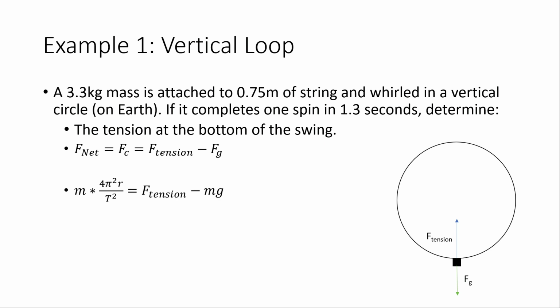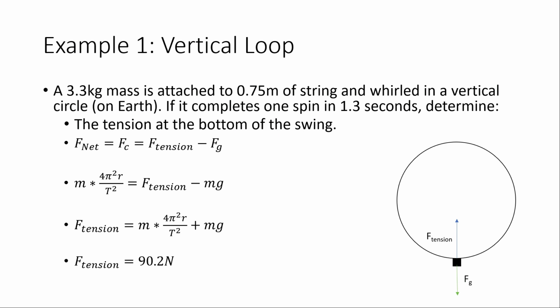And then from there, we use the same formulas, and we find that the tension force, since now it's tension minus gravity, you move gravity over, it turns into a positive rather than a subtraction, and we find that the tension force should be 90.2 newtons.